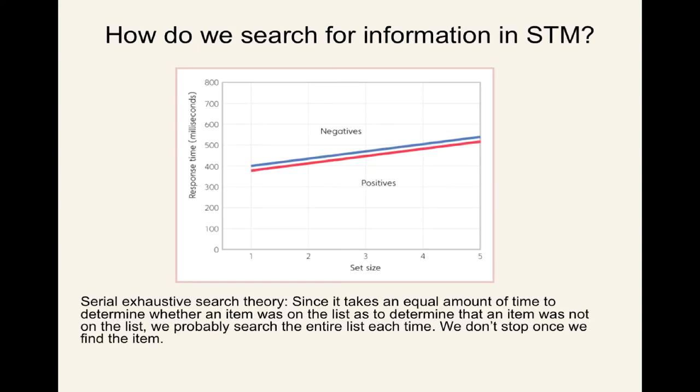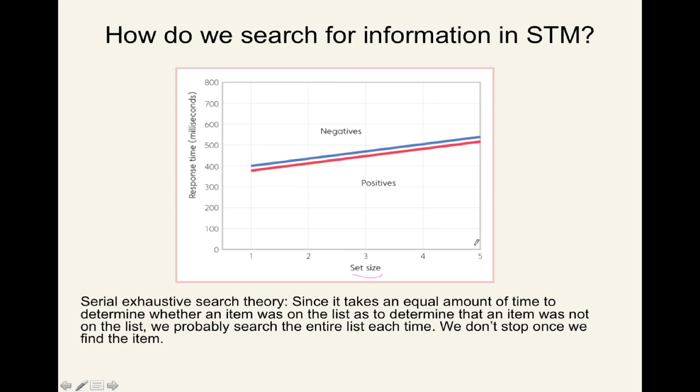And then we can also look at what we know about how we search for information in short-term memory. This is really kind of surprising to me. So here on the bottom, we have the set size, and you can see that goes from 1 through 5. So a set size of 1 is 1 item, set size of 2 is 2 items, so 2, 3, 4, 5.